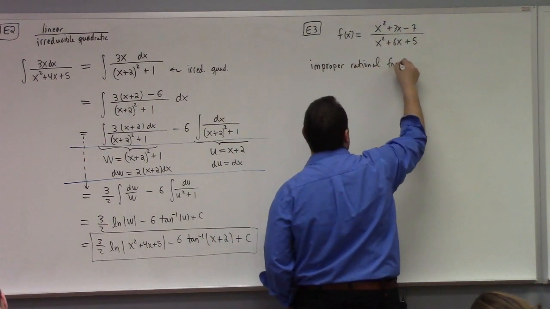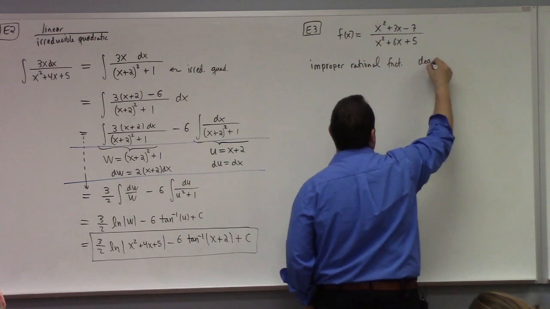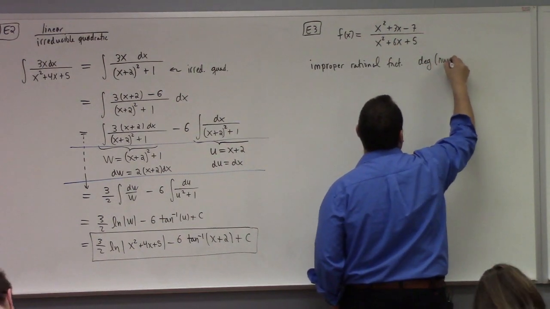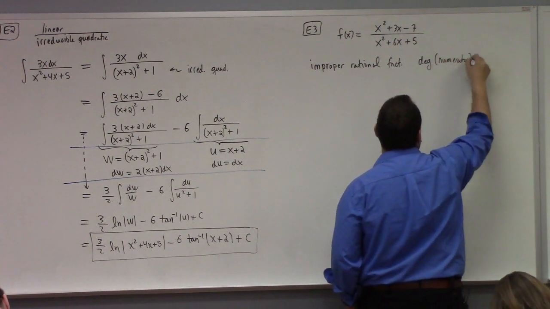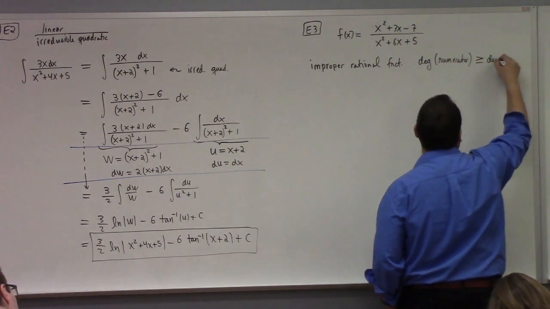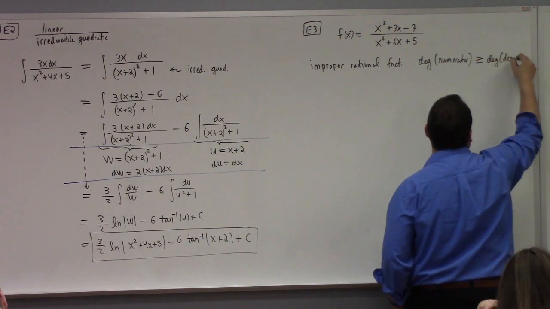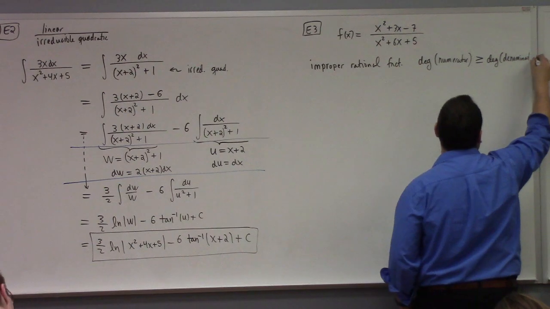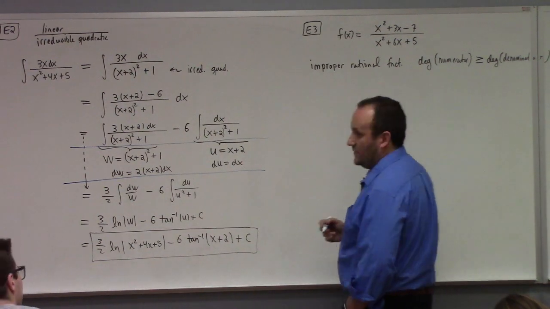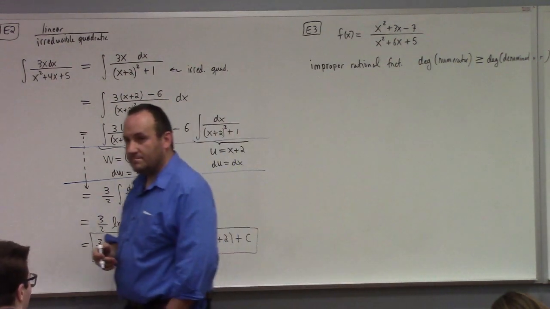Because the degree of the numerator is greater than or equal to the degree of the denominator. Right? In this case, they're equal.